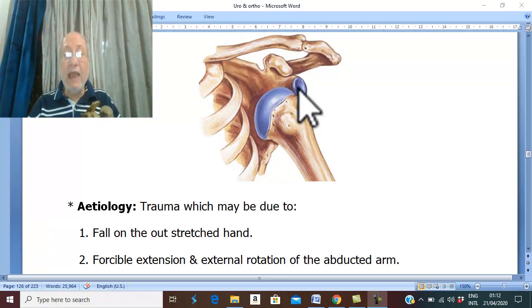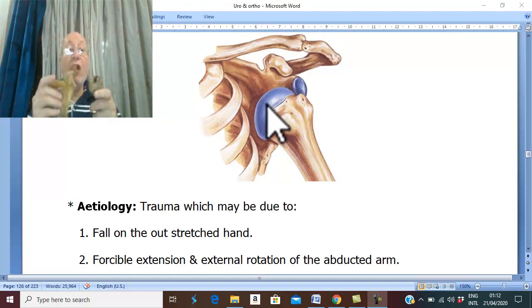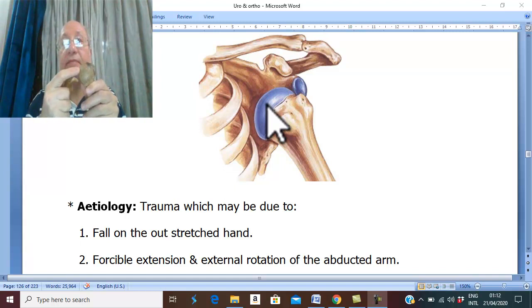while the head of the humerus is large. In addition, the stability of any joint depends upon good support by a strong capsule, strong muscles, and strong ligaments around the capsule.